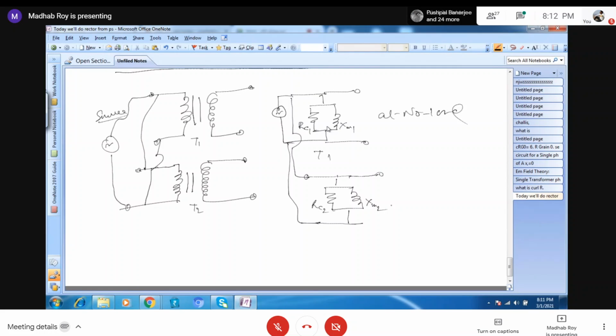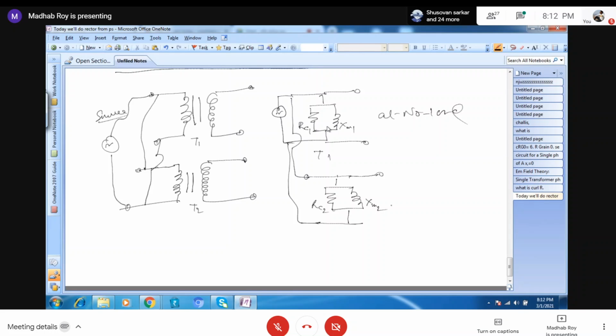Is there any problem if we do the connections from the equivalent point of view? Any problem in the transformer? What is the problem if we do the connection? What should be the main basic here?